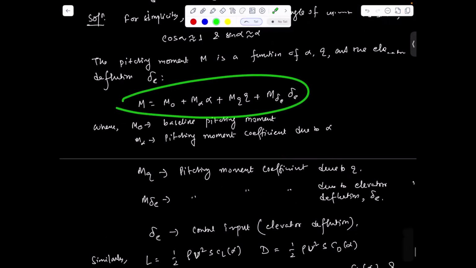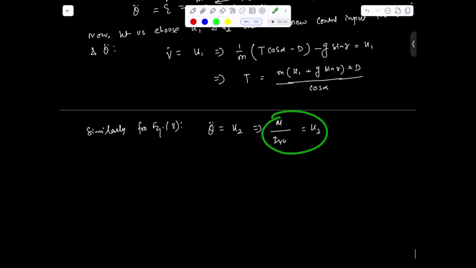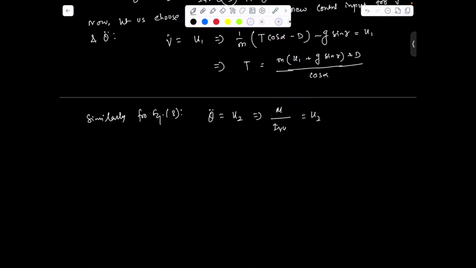So we can substitute M in this equation: M0 plus M_alpha alpha plus M_q q plus M_delta_E delta E, divided by I_yy, equal to U2.